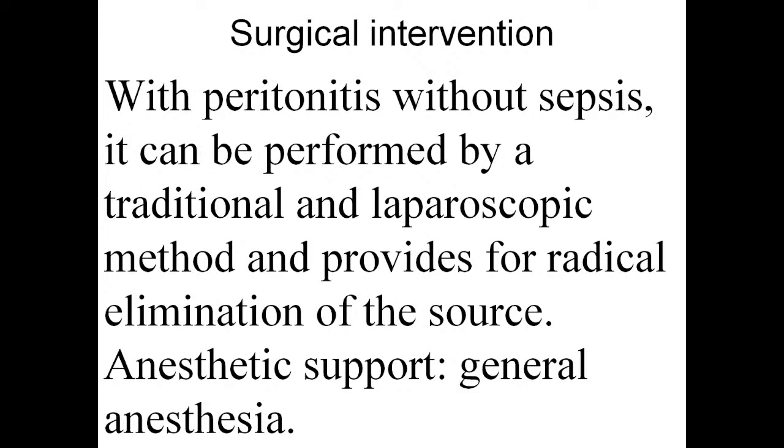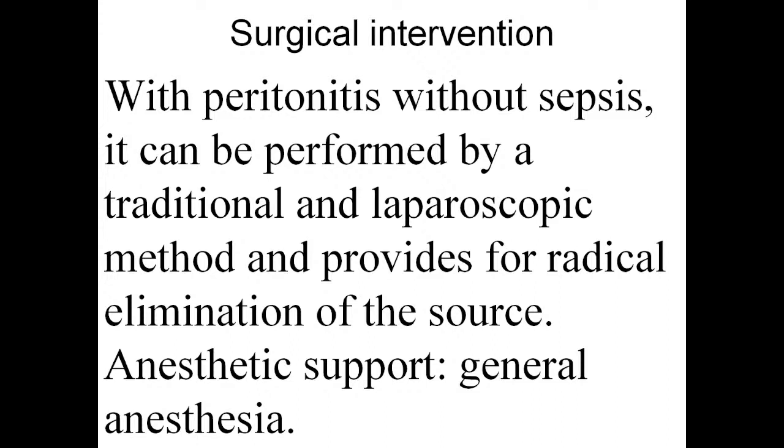Surgical intervention can be performed with peritonitis with sepsis or without sepsis. With peritonitis without sepsis, it can be performed by traditional and laparoscopic methods for radical elimination of the source.